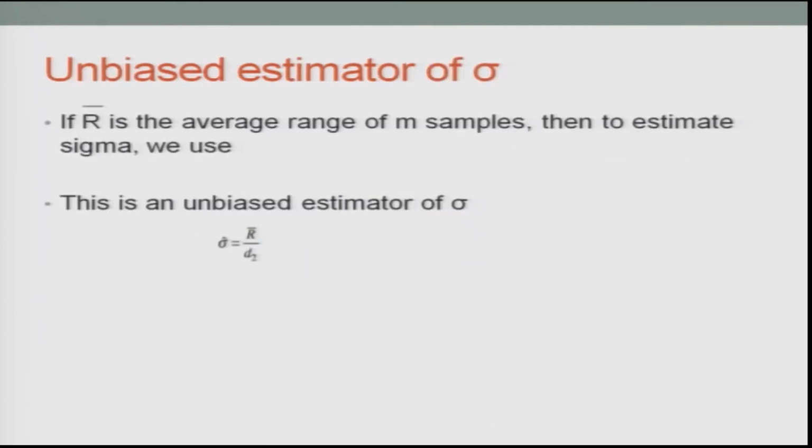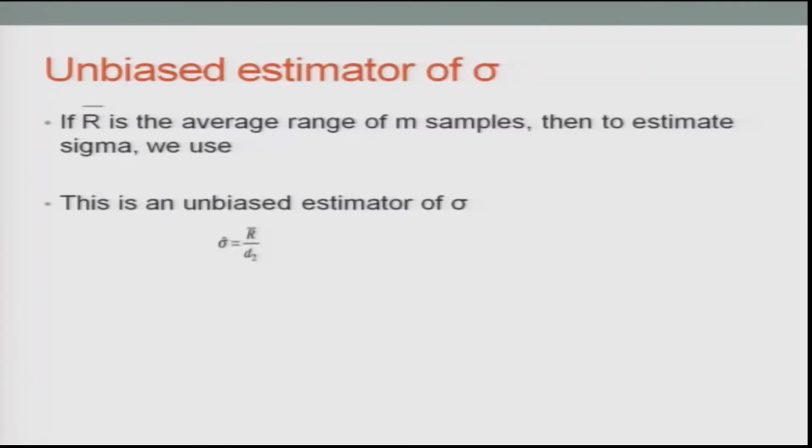Now, the unbiased estimator of sigma is very important to know, in the sense that if your calculations give you some value from the sample which is not able to predict the actual population parameter well, even if the calculation seems very fine, obviously there is some problem. So, they should be unbiased, in the sense that the difference between the population characteristics and the sample characteristics should be as close as possible to 0.